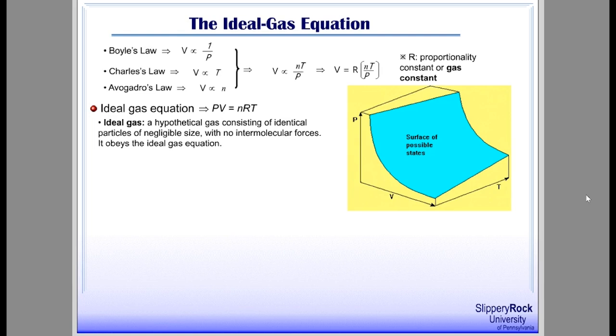The gas constant R is 0.08206 liter atm per mole per Kelvin, or 8.314 joule per mole per Kelvin. Be aware that the two values have different units, but they are equivalent to each other.